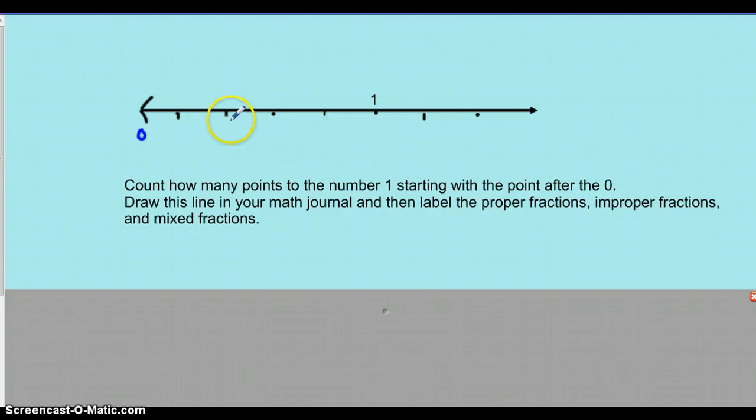So 1/5, 2/5, 3/5, 4/5 are all proper fractions. 5/5 is an improper fraction, otherwise known as 1. 6/5 is your improper fraction, or 1 and 1/5 is your mixed number. 7/5 or 1 and 2/5. 1 and 2/5 would be your mixed number, and 7/5 would be your improper fraction.